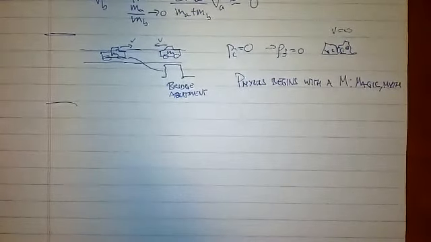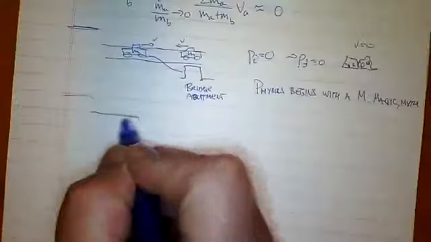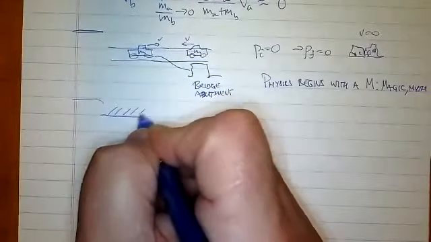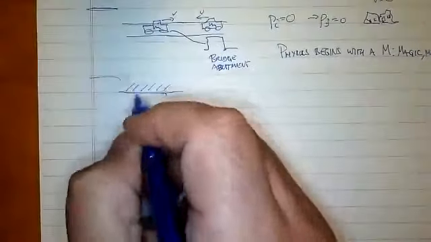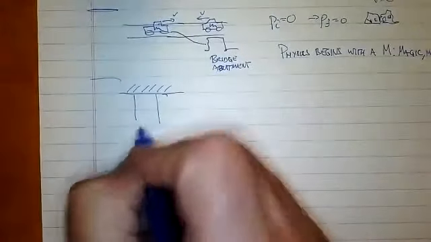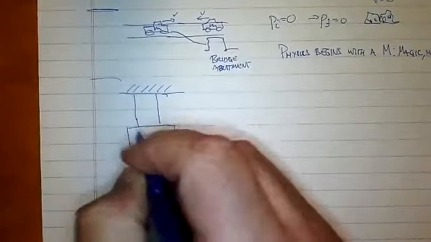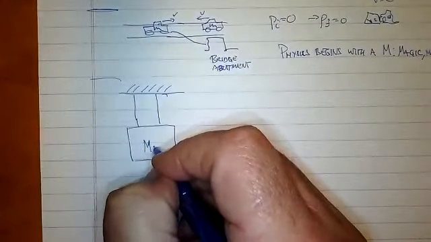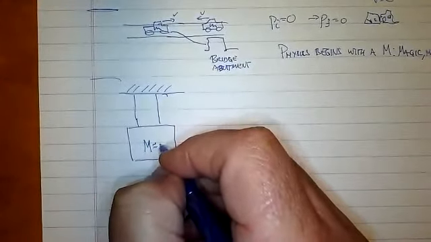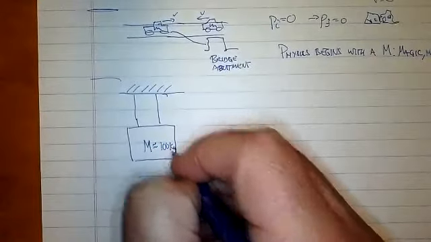A ballistic pendulum is basically a scenario where you have, say, a ceiling like this, and then you have two ropes that come down and are connected with a very massive block. Say mass M is on the order of 100 kilograms or something god awful like that.